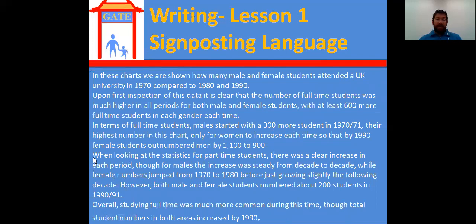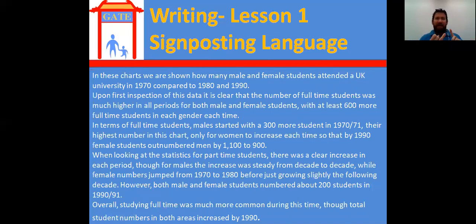Okay, so yes, we see there, when looking at the statistics for... Okay, so that would be the signposting language here. Can we see any others? While is a bit of signposting. However, that gives context. While is basically saying this next sentence is going to be the opposite to the previous sentence.